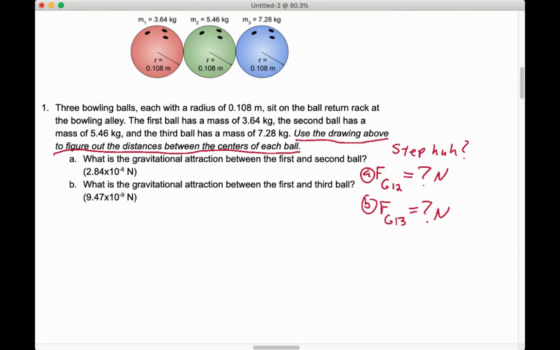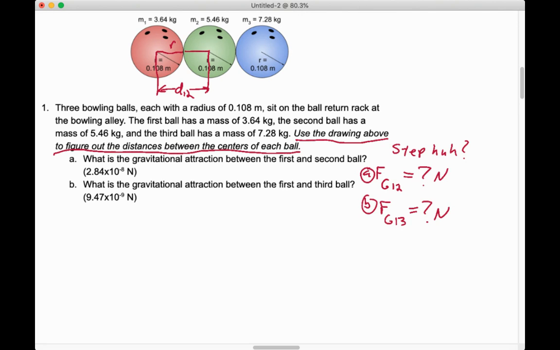Well, let's see. We have to measure the distance from here to here. So let's call this D12, the distance from the first one to the second one. And what is that distance? Well, notice if we measure straight across, we're going one radius from here to here, and then another radius from here to here.